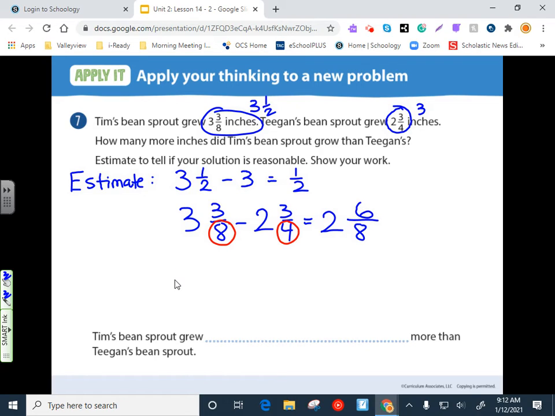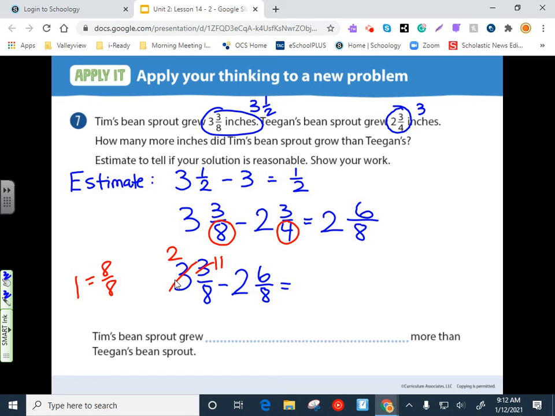So this gives us 3 3/8 minus 2 6/8. The problem with this one, as you probably notice, is 3/8 minus 6/8 we can't do because it's too big. So let's borrow from our whole number. And one whole number that we borrowed is actually 8 over 8, which creates 11/8.